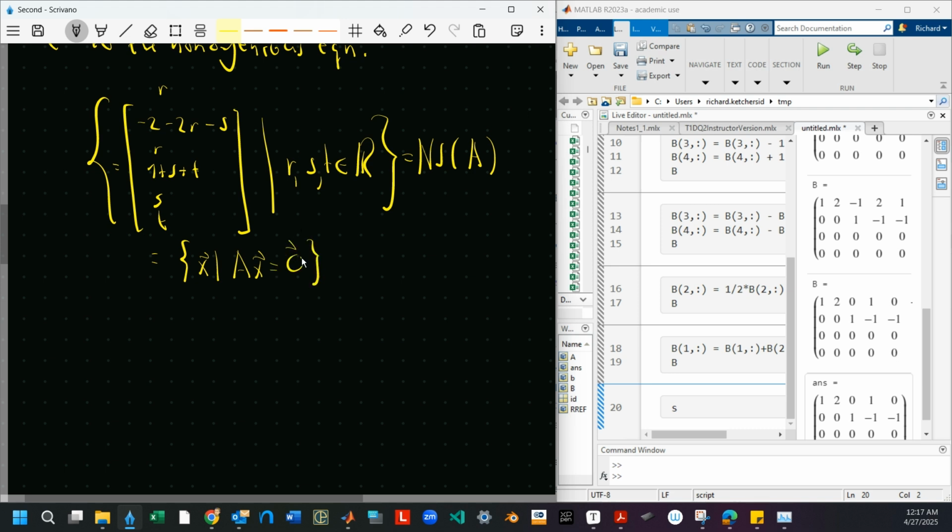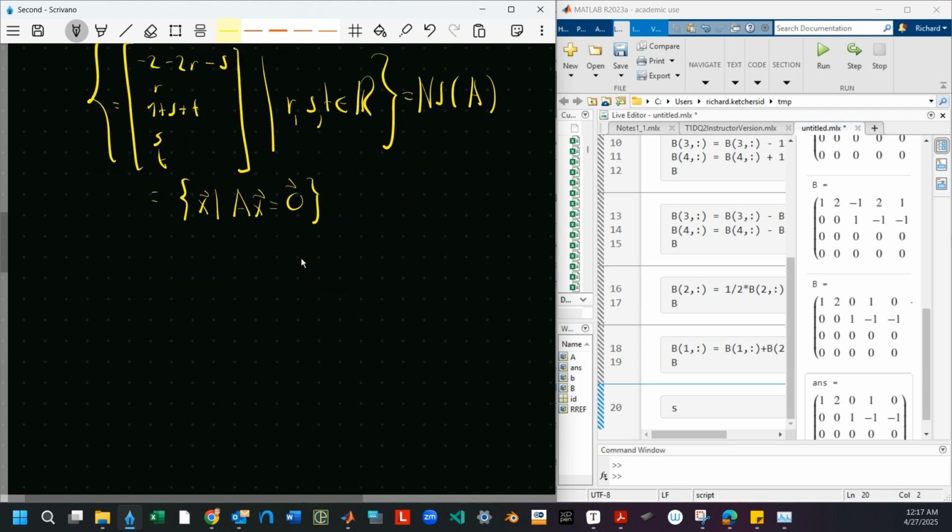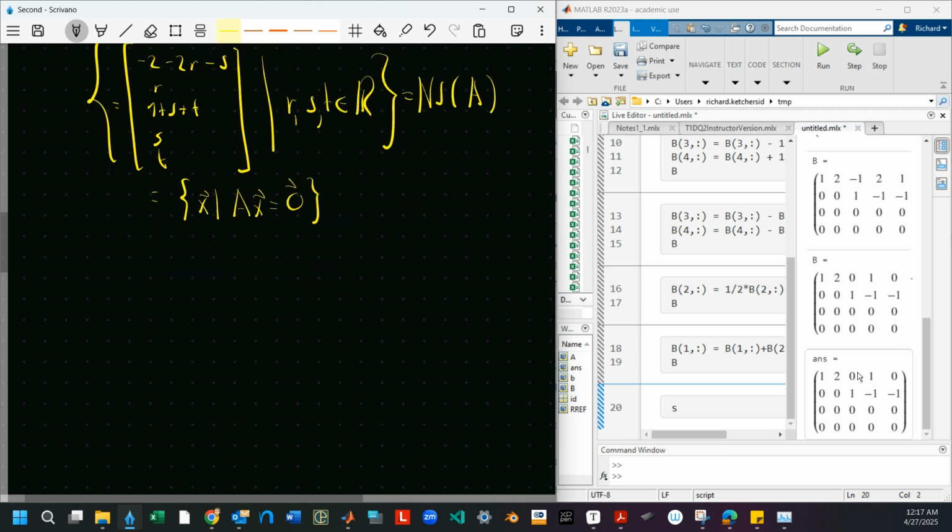Okay. So I want to look at this, and I want to keep in mind what this reduced row echelon matrix is. I have a copy of it over here, so I'll keep that there to look at.